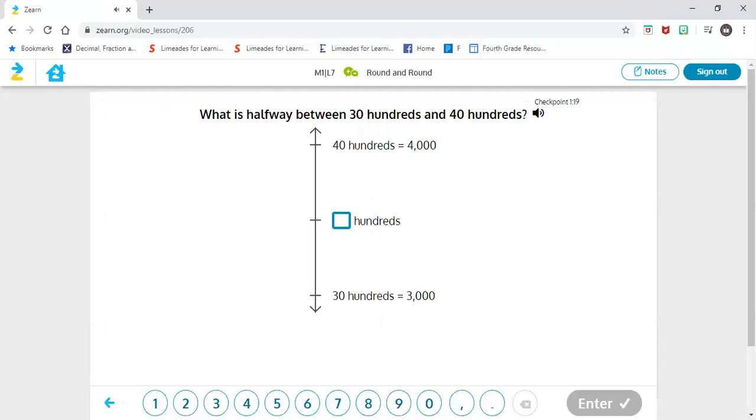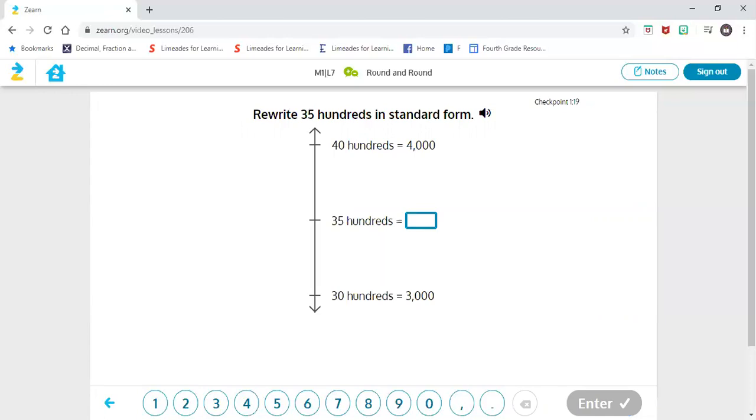Seeing that we're dealing with hundreds, our thousands place is going to stay the same. So what is the midpoint between 30 and 40? Midpoint is what is right in the middle. Yes, 35. 35 is between 30 and 40.